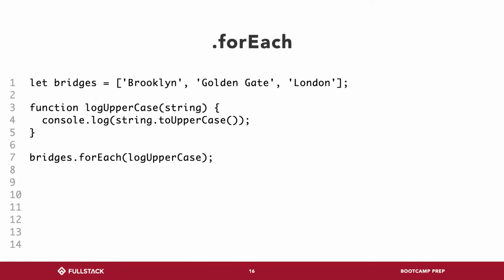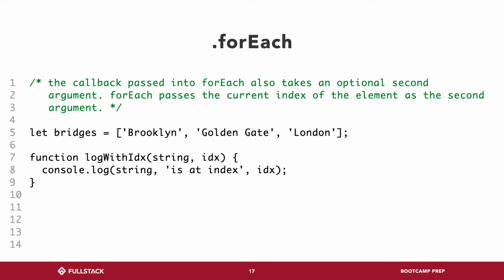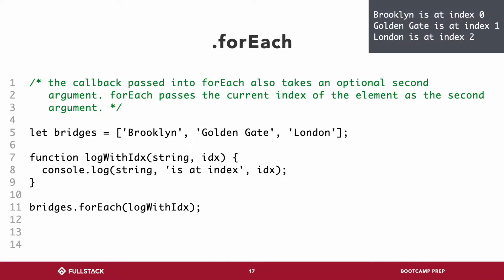So, here's an example right here. Hold on. The callback passed into forEach also takes an optional second argument. forEach passes the current index of the element as the second argument.